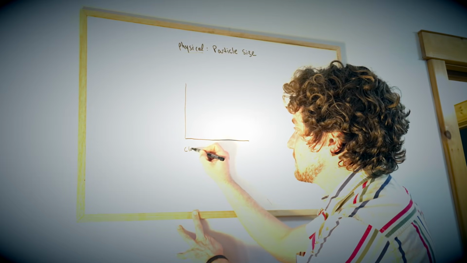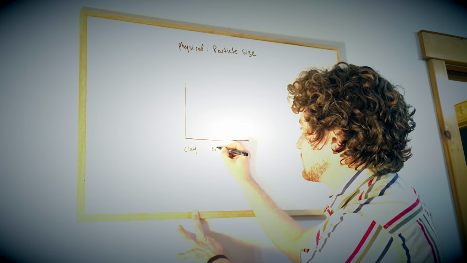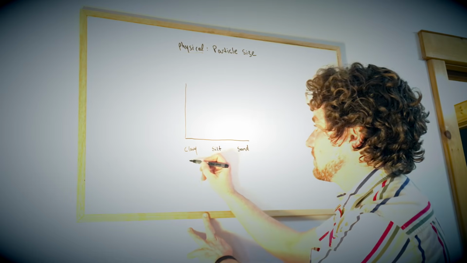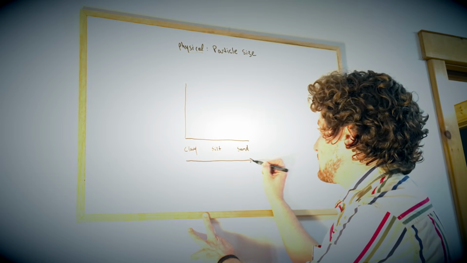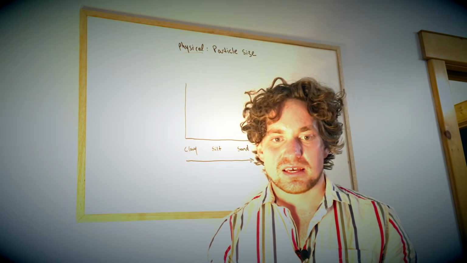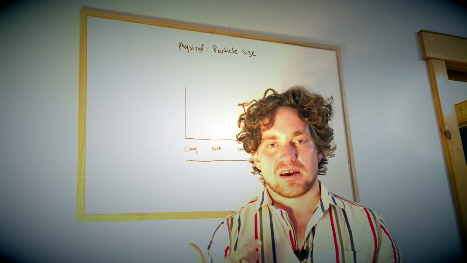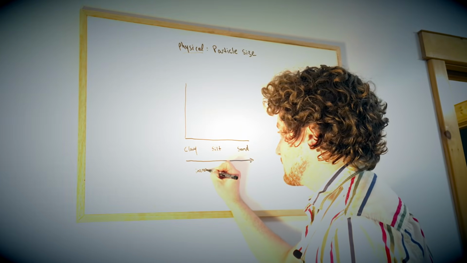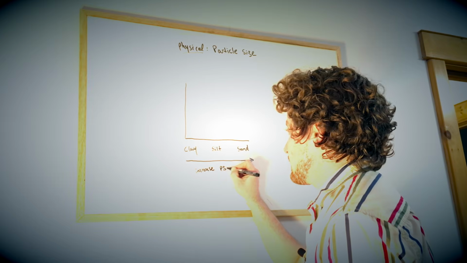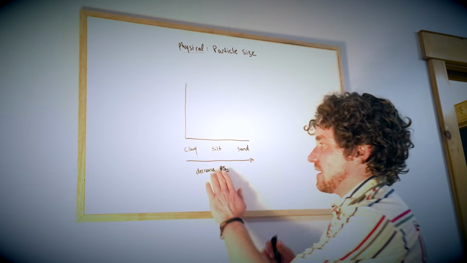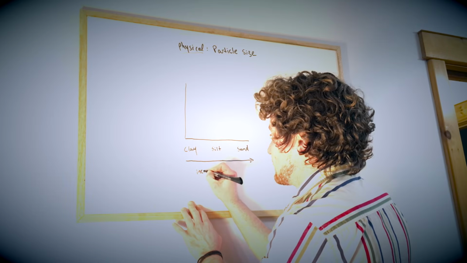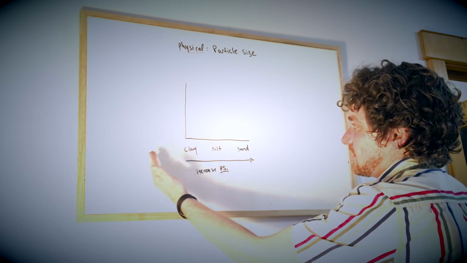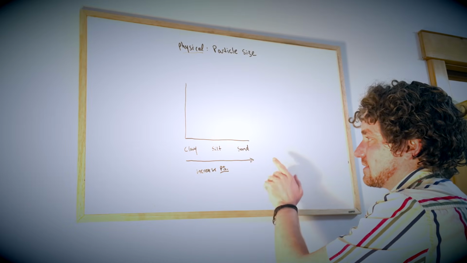So if we start with clay over here, silt in the middle, and sand going this way in particle size. Sand has a very high particle size. So this is an increase in particle size, going from clay, maybe loam over here, and then clay, silt, and sand.